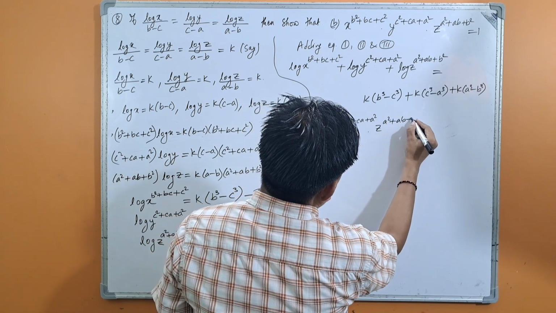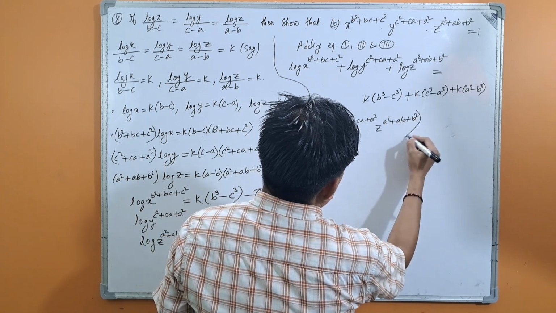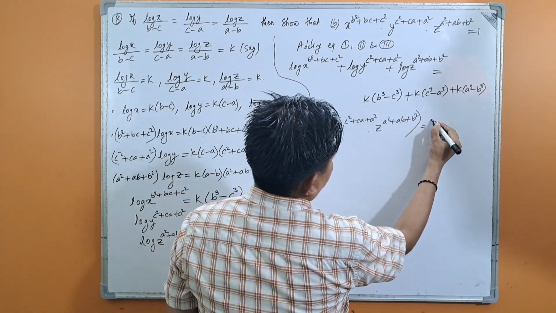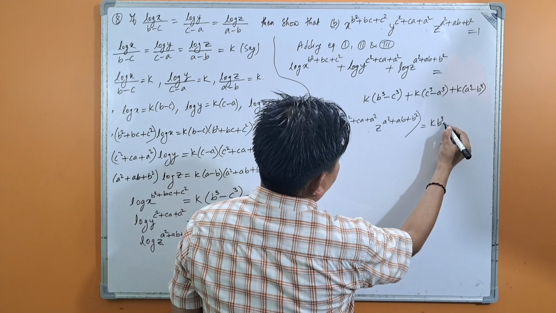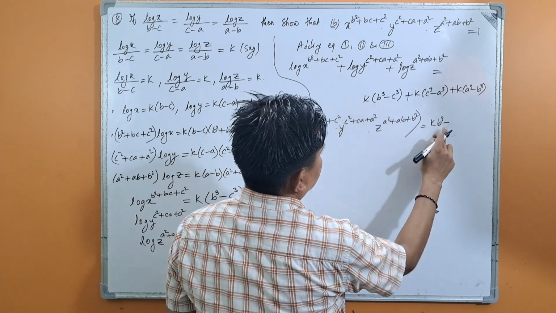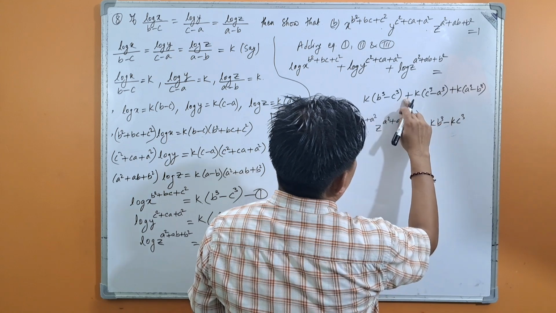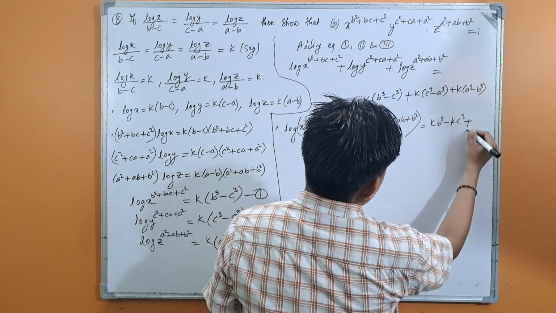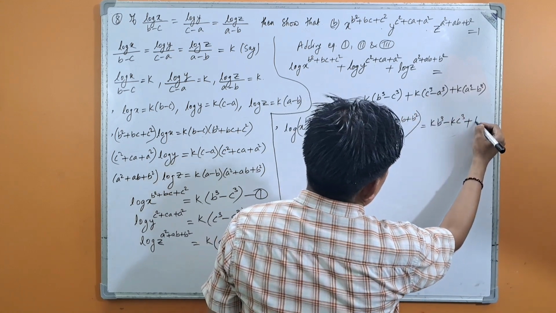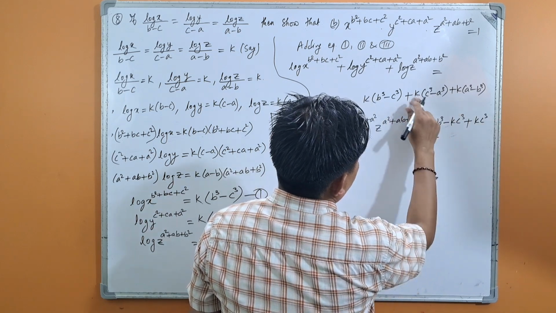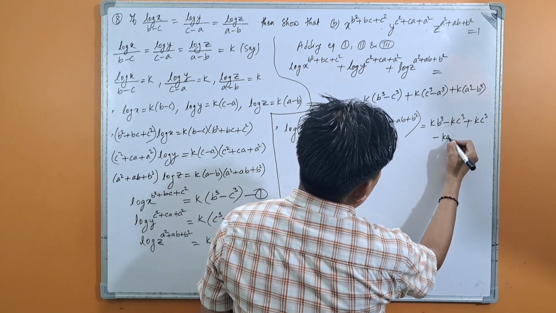equal to, in the right hand side we have k into b cube, kb cube minus, plus into minus is minus, k into c cube, kc cube, plus this plus we write here, k into c cube, kc cube, plus into minus is minus, k into a cube, ka cube.